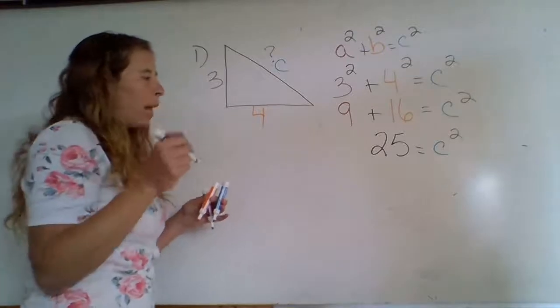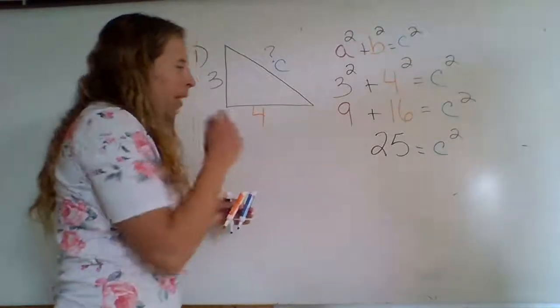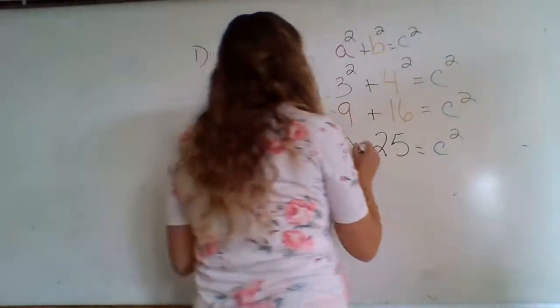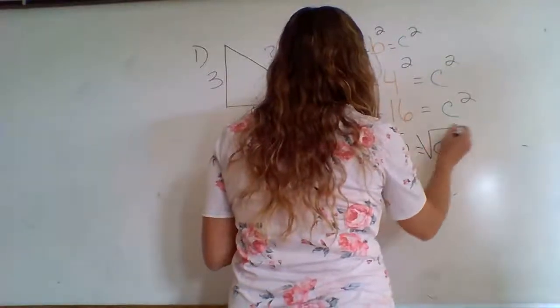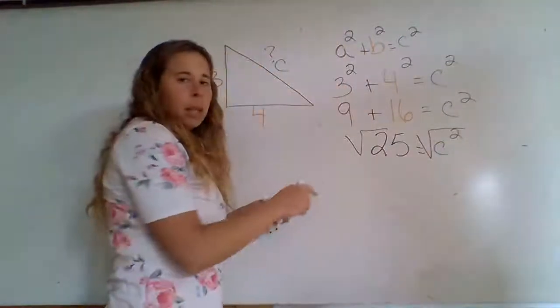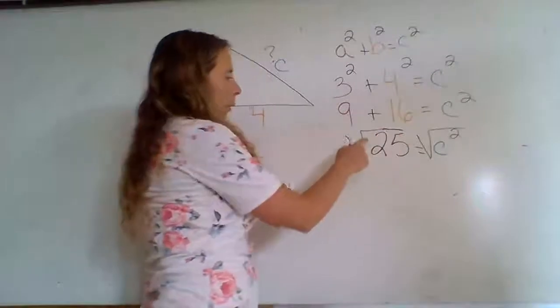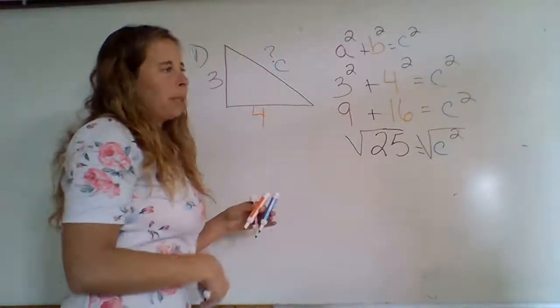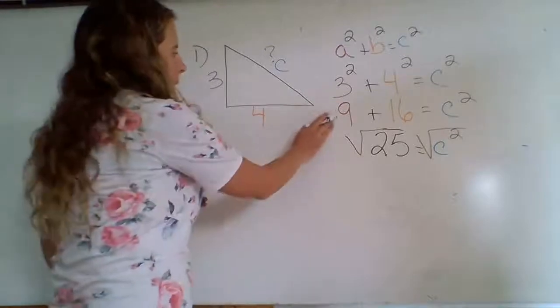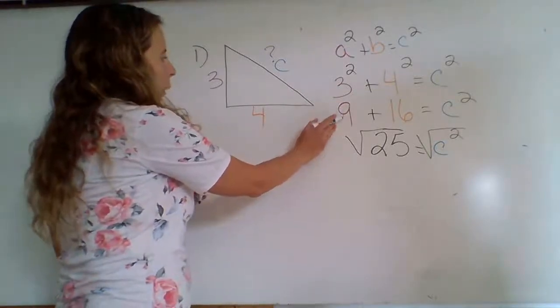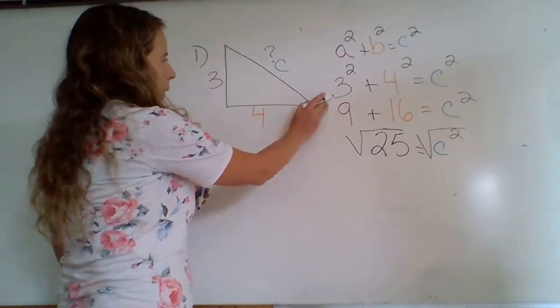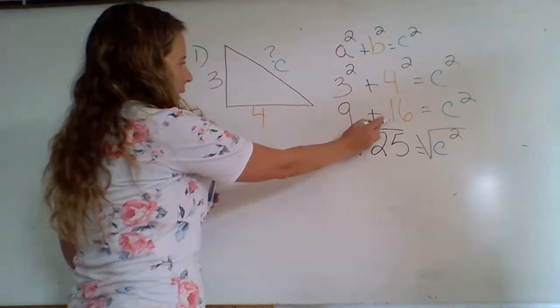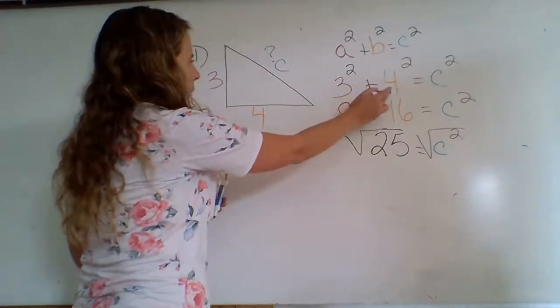the way you do it algebraically is you take the square root of both sides. The square root of 25. So that means what number times itself is 25? Like the square root of 9 is 3, because 3 times 3 is 9. The square root of 16 is 4, because 4 times 4 is 16.